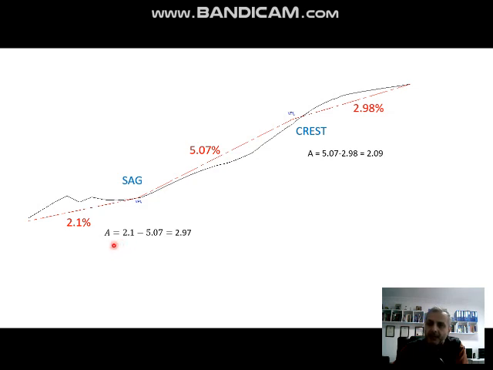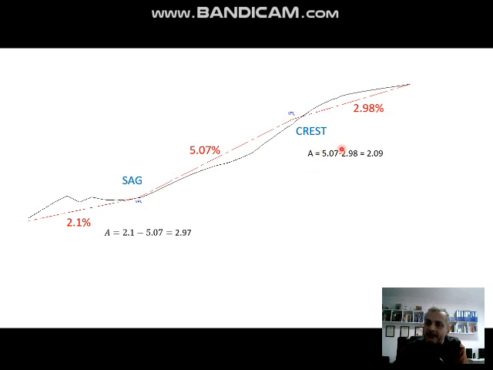So A is 2.1% minus 5.07%, that is 2.97, the algebraic difference. This has got to be an absolute value. If it turns out to be a minus value, you take the absolute value of it.